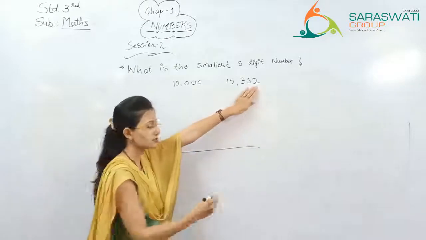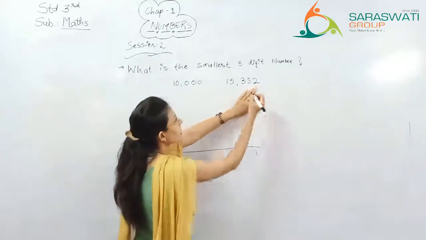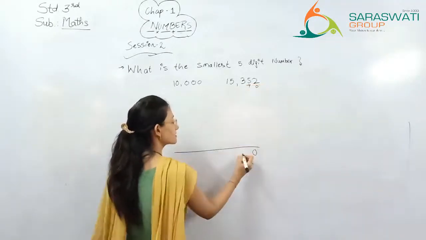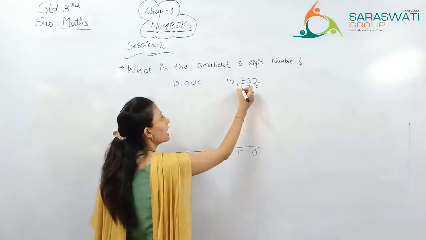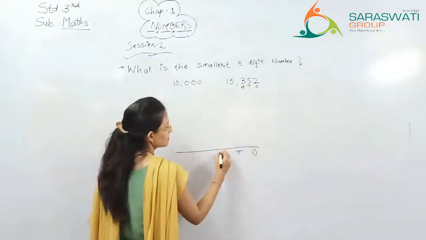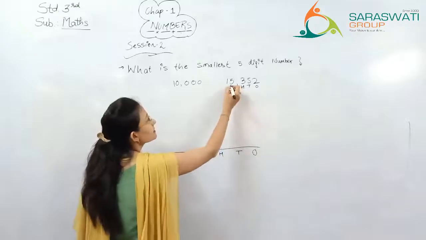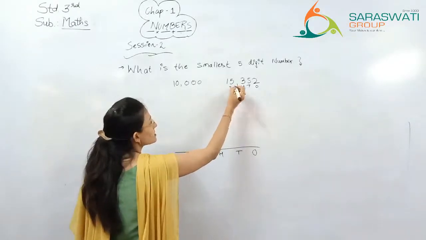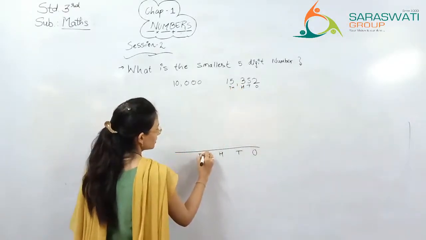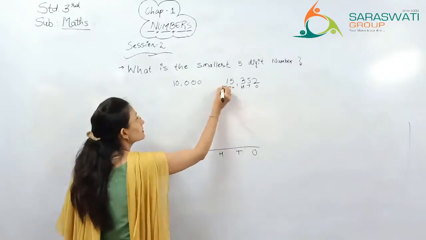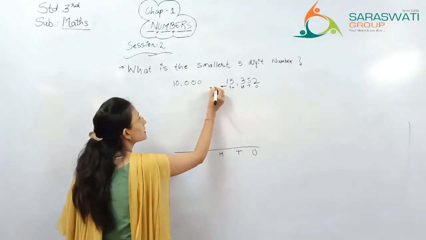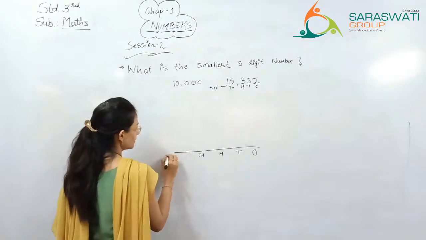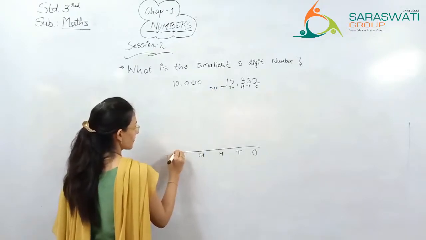This is the ones place, then the tens place, and the hundreds place. This is the thousands place, so we are putting 1000 here, and this is the 10,000 place, so we are putting 10,000 here.